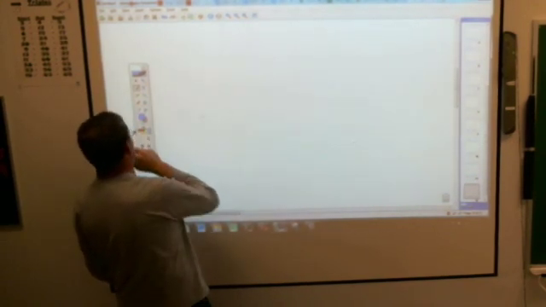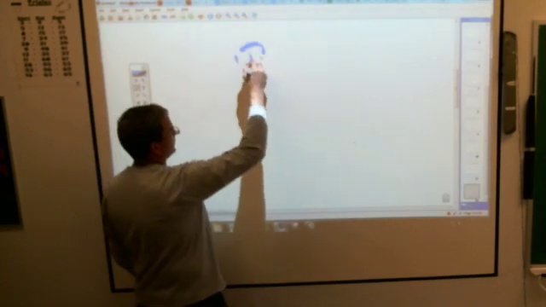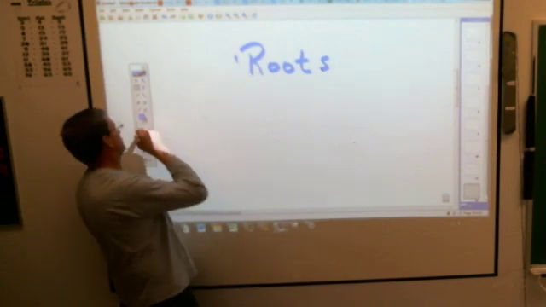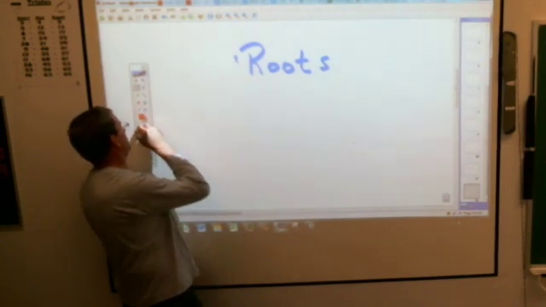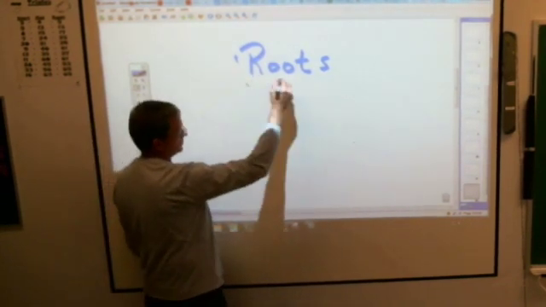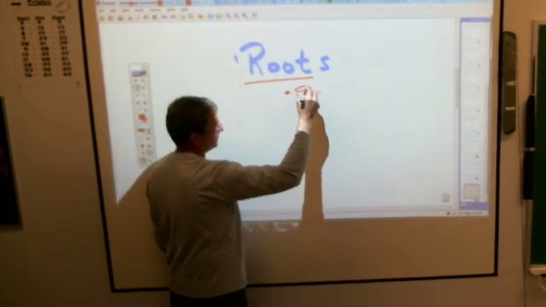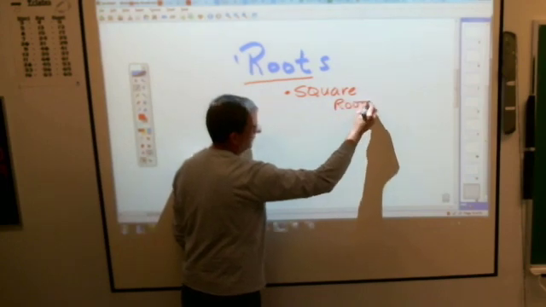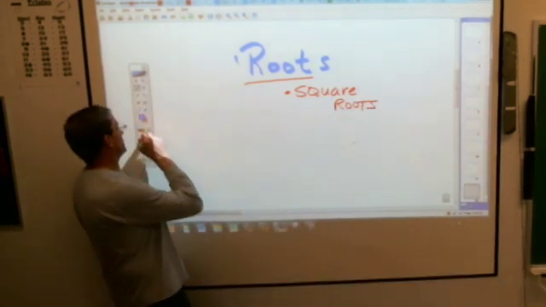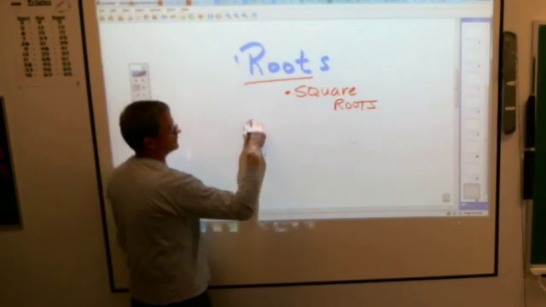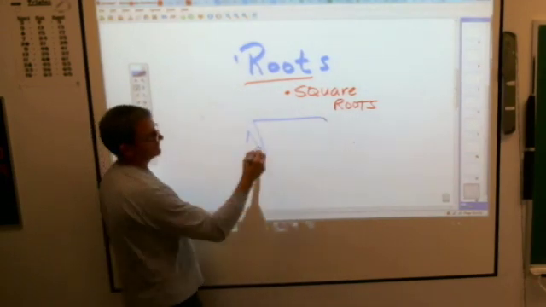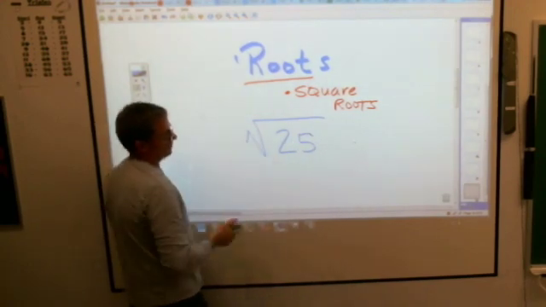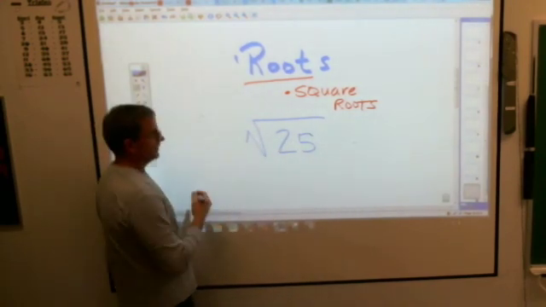Now this one, and I'm sure they put this up there, this one we talk about what's called roots. And specifically today they're talking about square roots. Square roots. And the square root symbol looks like this. It's not a division sign. The division sign doesn't have this little heart on this thing over here. This does. Okay?